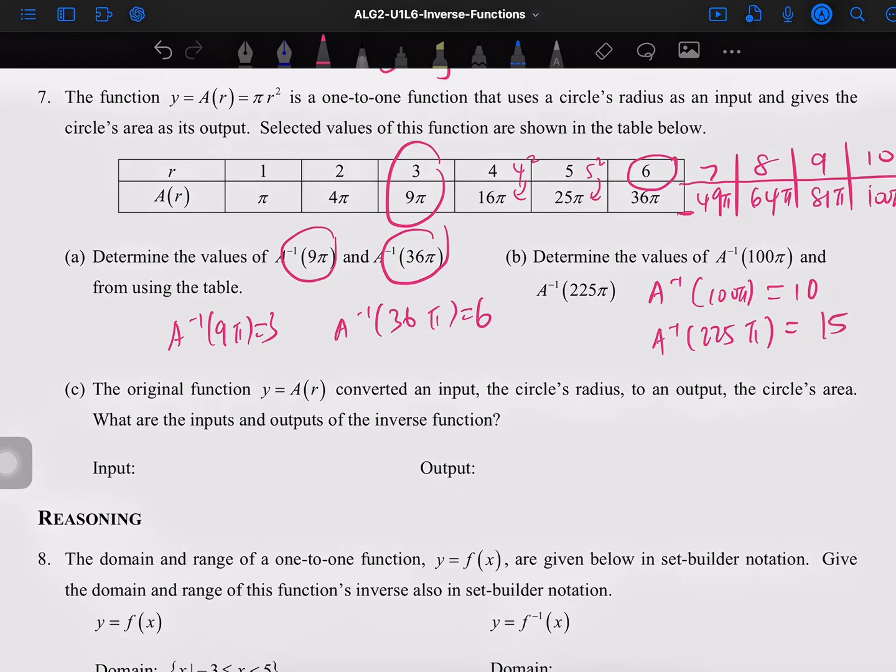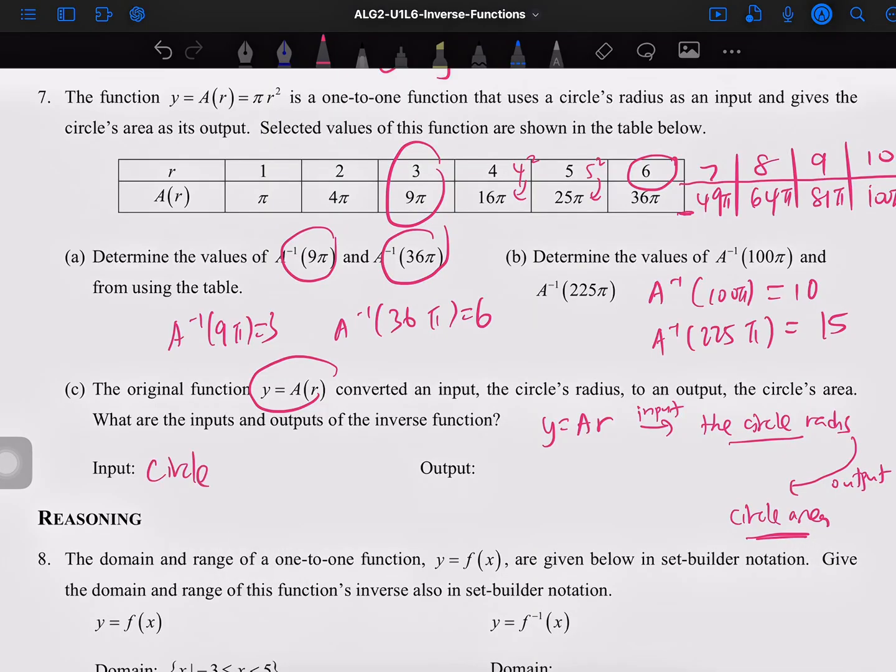What are the input and the output of the inverse function? If the circle radius is the input and the circle area is the output, then for the inverse, the input will be the circle area and the output will be the circle radius. Okay, easy. Then we move on to number 8.